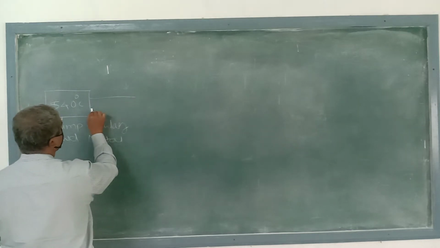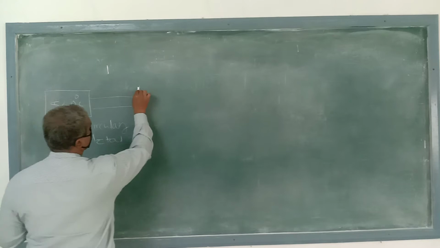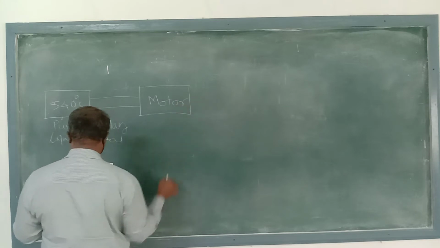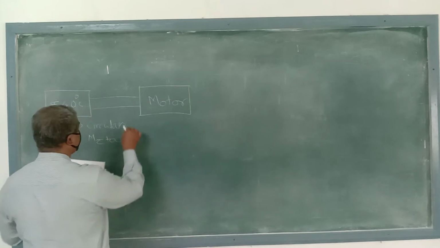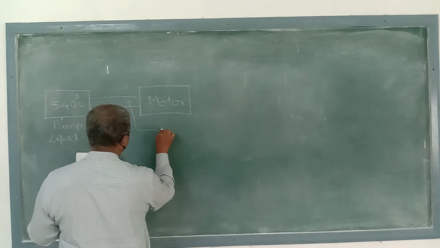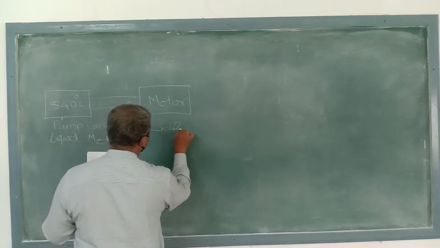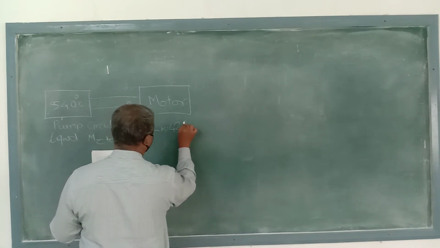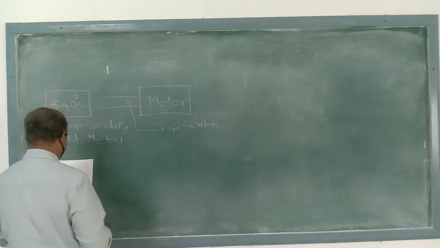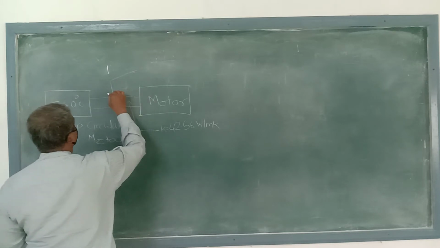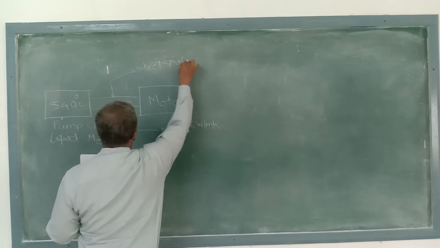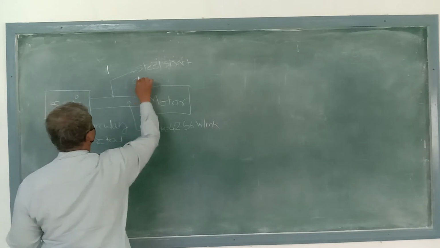They have given motor having conductivity as mentioned in the problem, K is equal to 42.56 watt per meter Kelvin, and steel shaft diameter 25 mm.